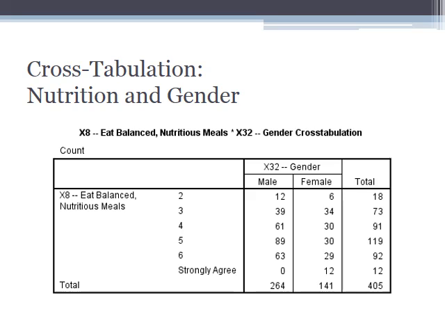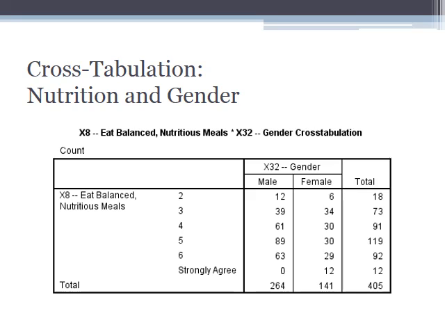So if we look all the way across, no one responded with a 1. No one said that eating a balanced meal was completely not important to them at all. But a couple people did say only a 2. We followed across 12 males and 6 females for a total of 18 responses to that second category, which was disagree. 73 people responded to a 3, which was 39 males and 34 females.